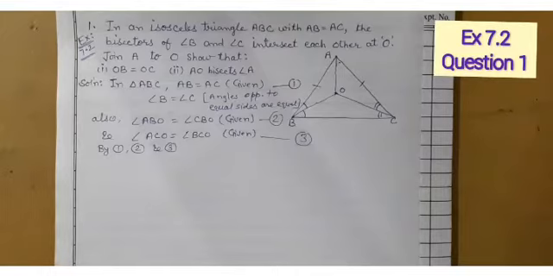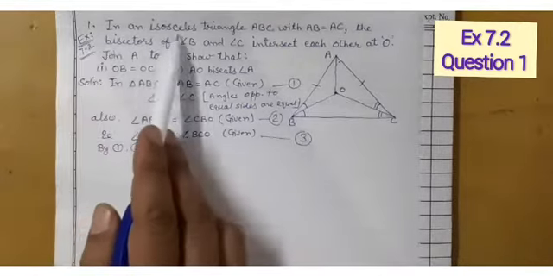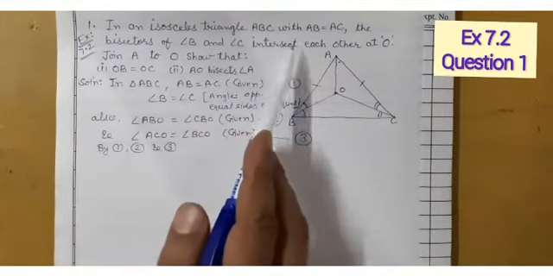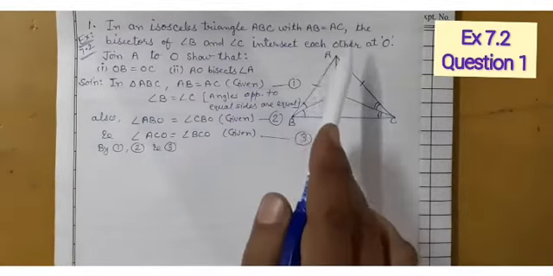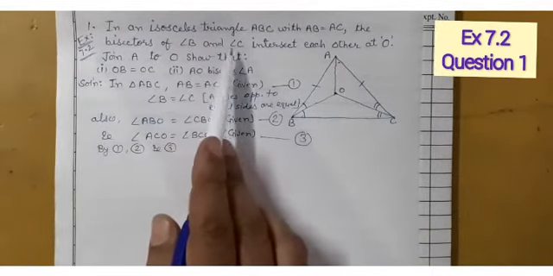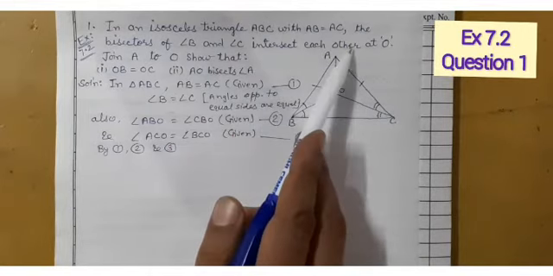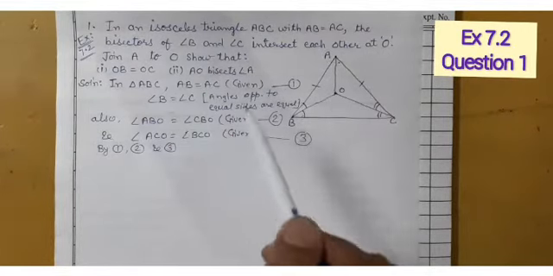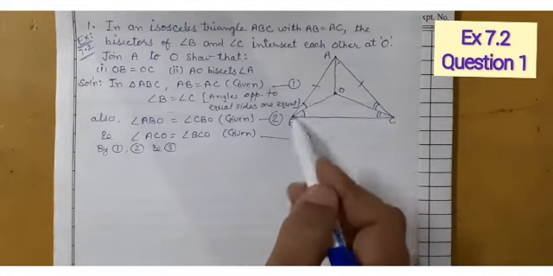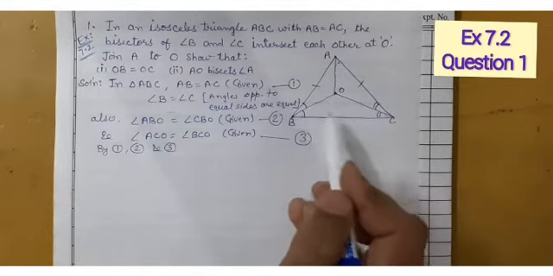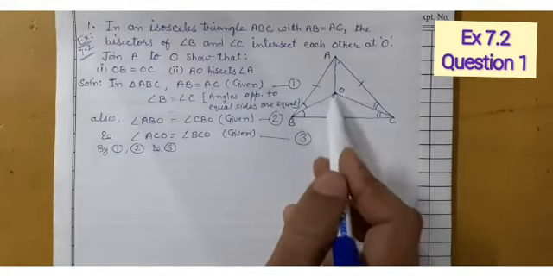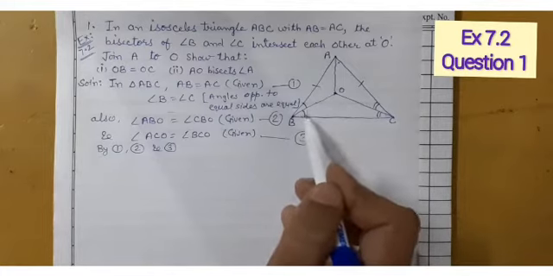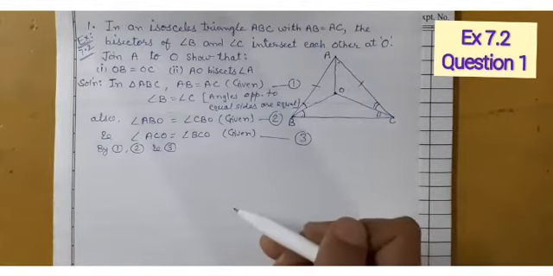Now, this very important question is exercise 7.2, question number 1. In an isosceles triangle ABC with AB equal to AC, the bisectors of angle B and angle C intersect each other at O. OB and OC are two bisectors, which divide angle B into two equal parts and angle C into two equal parts.